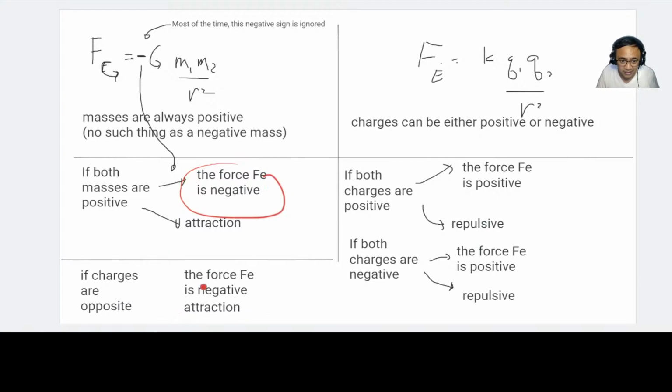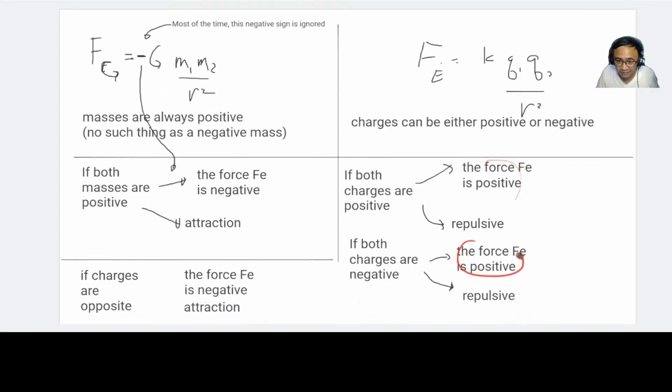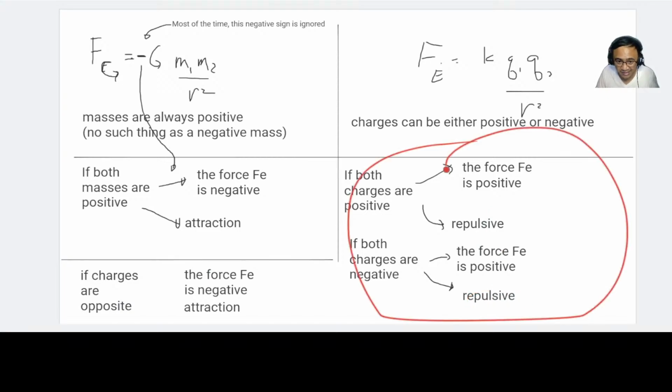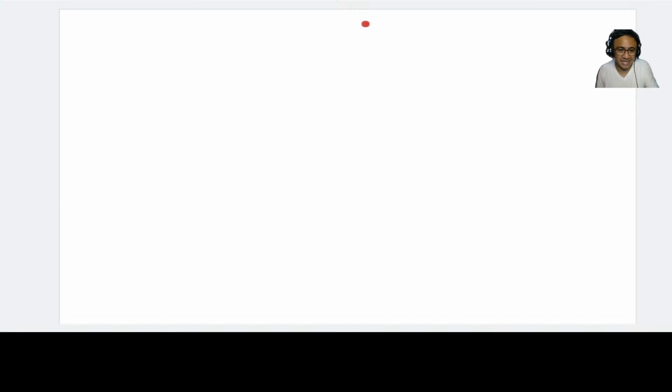The force being negative for both cases is always going to lead to attraction, and the force being positive will lead to repulsion. This doesn't happen for masses because there's no such thing as a negative mass. But what if there were? If there were such a thing as a negative mass, then you put them together, they should repel. So anyway, that's the TOK bit.